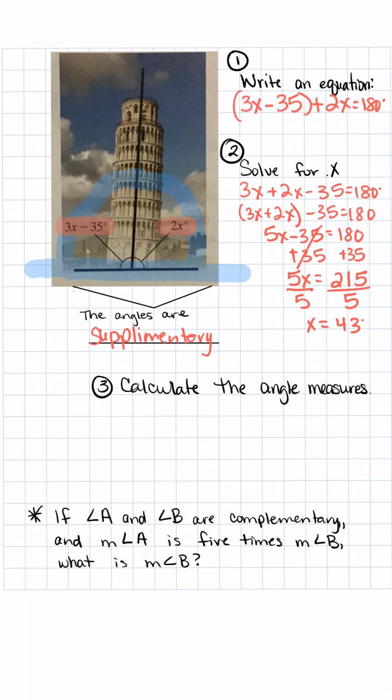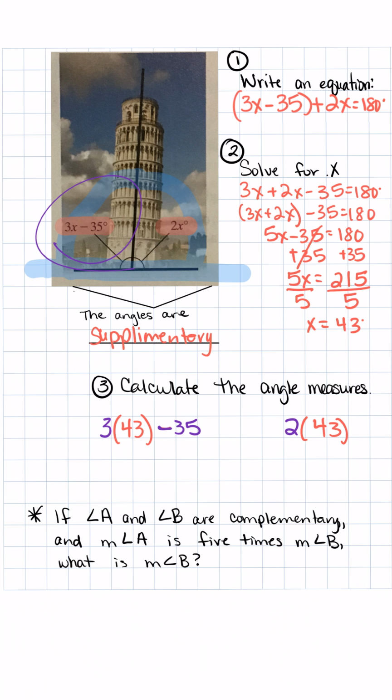Let's take this first angle right here, and if we did 3 times x, and x equaled 43, minus 35, that's going to give us the measurement of the first angle. The second one is going to be 2 times x, which is 43. Okay, so let's start with this first one.